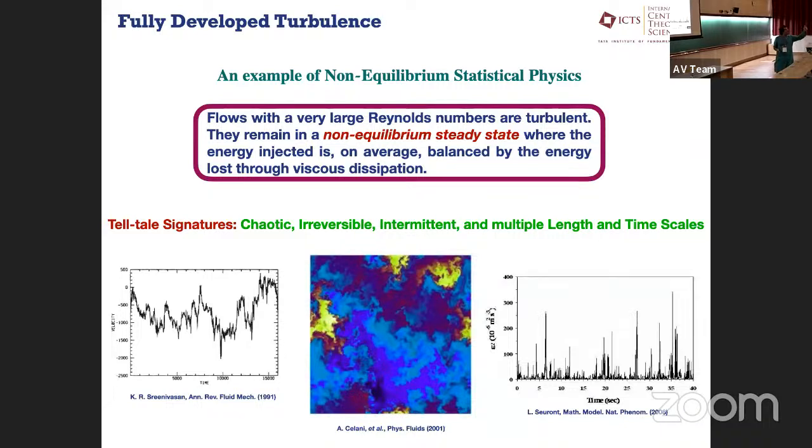They are chaotic, they're irreversible, that's because there's finite viscosity, of course. They're intermittent, and they have multiple length and time scales. The chaotic and the fact that it's irreversible is not something that's going to surprise you. Let me explain a little bit what we mean by intermittent. So this is a good graph to look at the question.